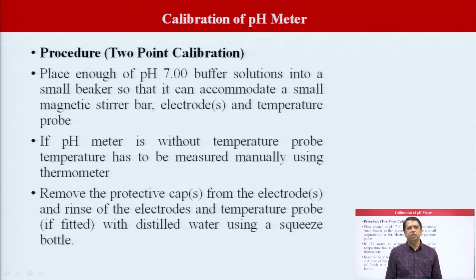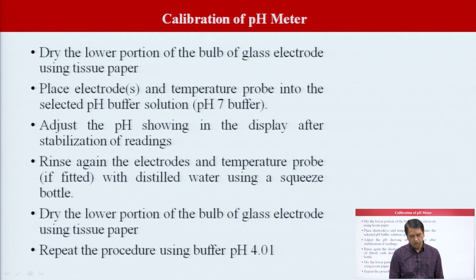If the pH meter is without a temperature probe, temperature has to be measured manually using a thermometer. Then remove the protective caps from the electrode and rinse the electrodes and temperature probe, if fitted, with distilled water using a squeeze bottle. Dry the lower portion of the bulb of the glass electrode using tissue paper.